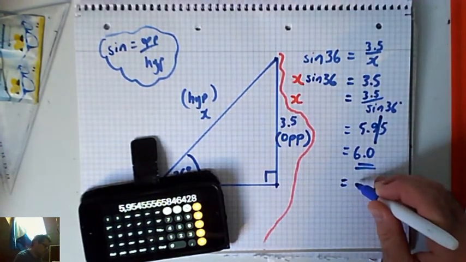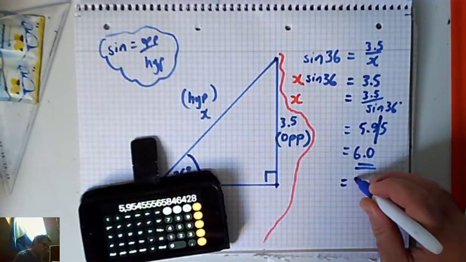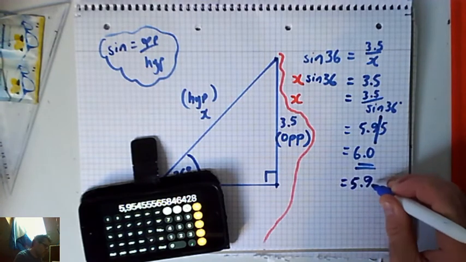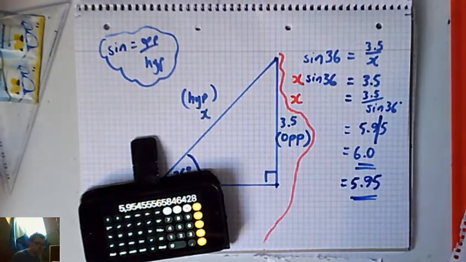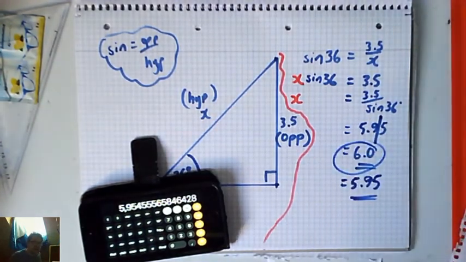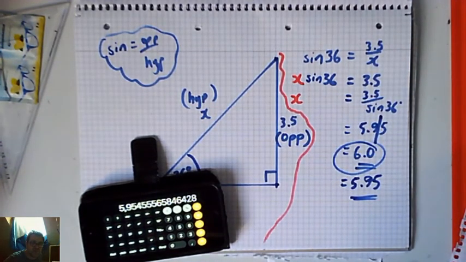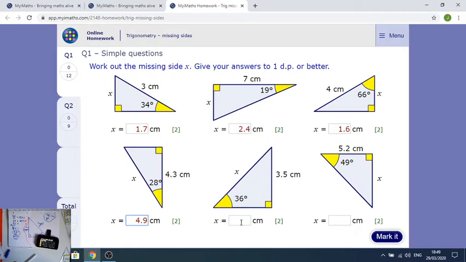It did say I'm allowed to put it in as one decimal place or better, so I could put it in as 5.95 like that to 2 decimals. But I think I'll actually see what happens if I put in 6.0. So over to the iMaths. So let's see what happens if we put in 6.0 like that.